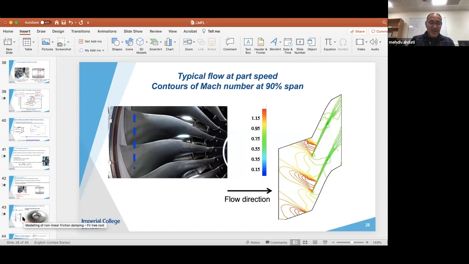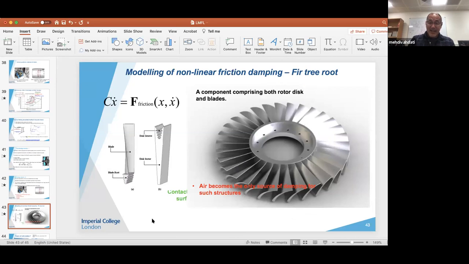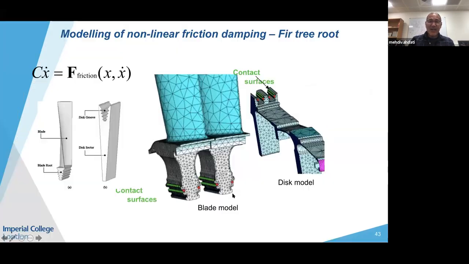All right, I'll just give you one more bit of information on why aeroelasticity is important while we're here. Can you see my screen? Usually in all the cases I showed you, it assumes zero or you input some mechanical damping, because obviously you have the blade root here, which sits in the disc groove. As you get vibration, you start getting friction between these components, and as a result of friction, you convert some of the vibration energy to heat.